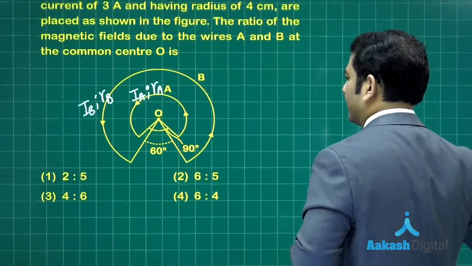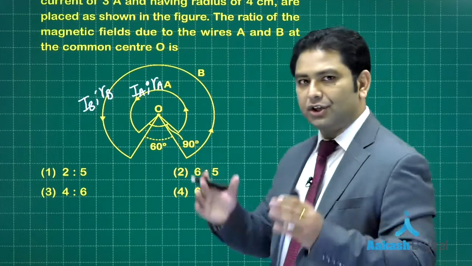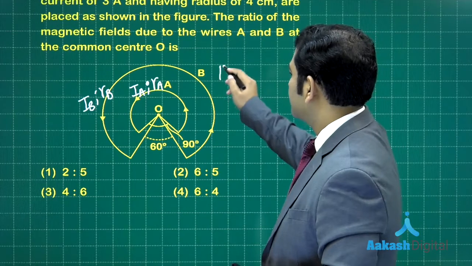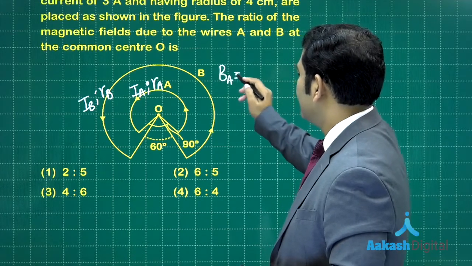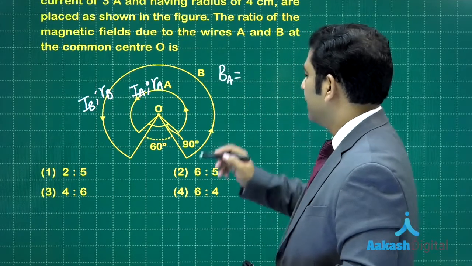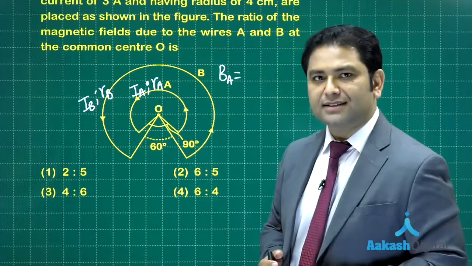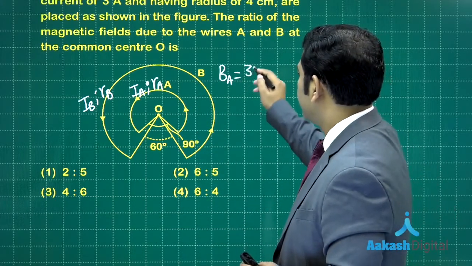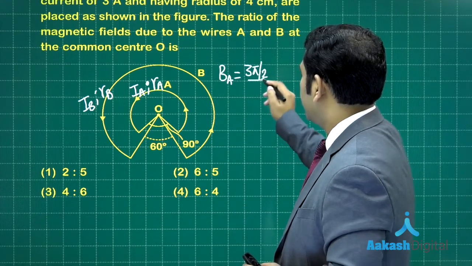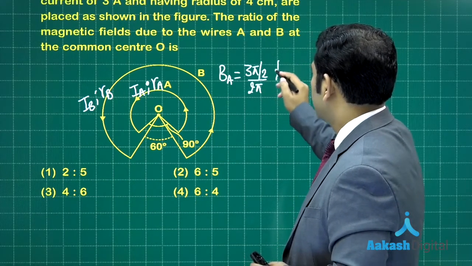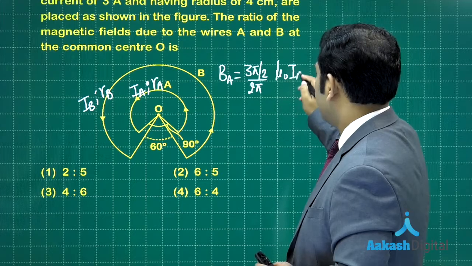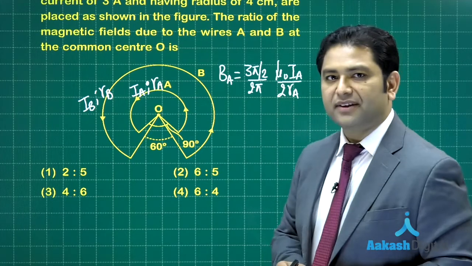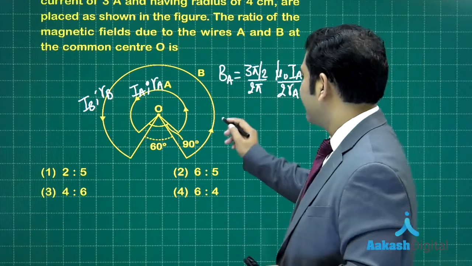It's a regular question where we calculate magnetic field due to a certain arc segment. First of all, how much will be the value of magnetic field due to A? That's going to be, the total angle it subtends is 3 pi by 2, isn't it? So that's going to be 3 pi by 2 divided by 2 pi into mu naught IA upon twice of RA. That's the magnetic field due to A. What about magnetic field due to B?